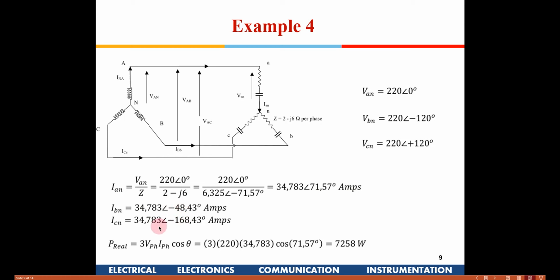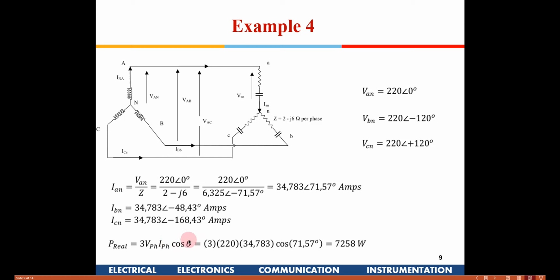Now to compute the power, since we have already computed the phase voltage and phase currents, it is 3 V phase I phase cos theta, or the other formula available is √3 into V line into I line into cos theta. Since we have computed the phase currents, we will use the phase current.